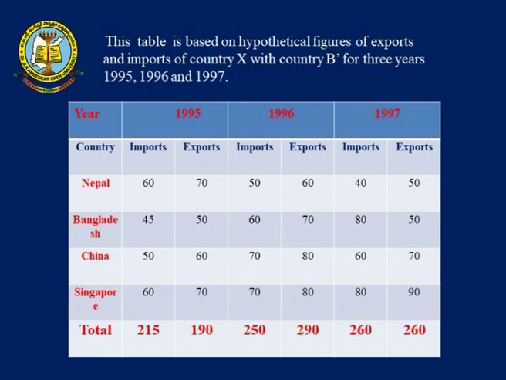From this table, it is clear that figures are quick estimates. As I said earlier, this tabular form is for quick estimation, so that we can easily identify the figures.